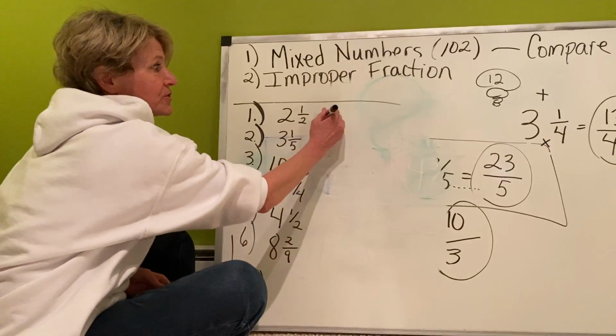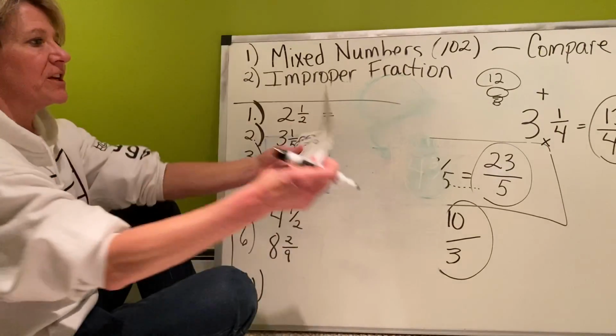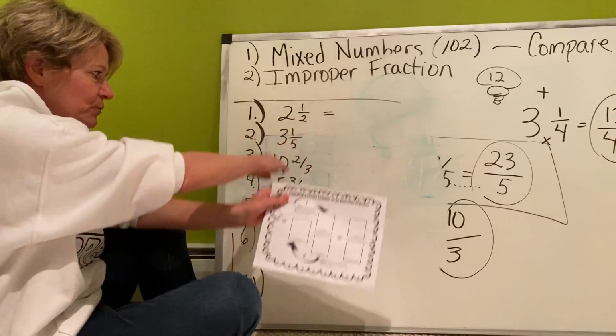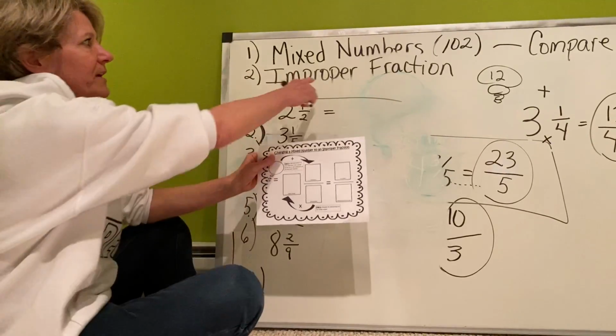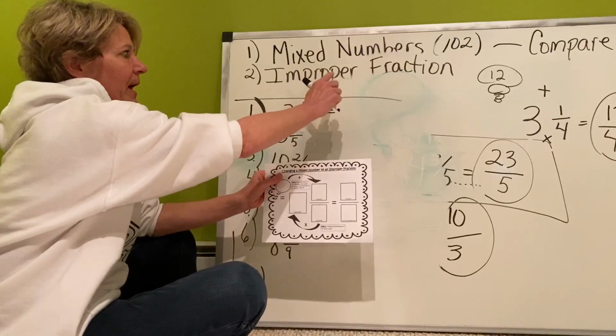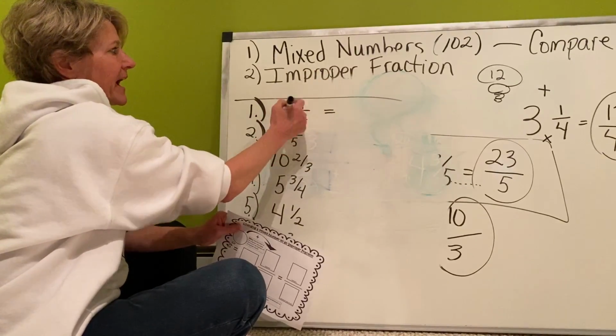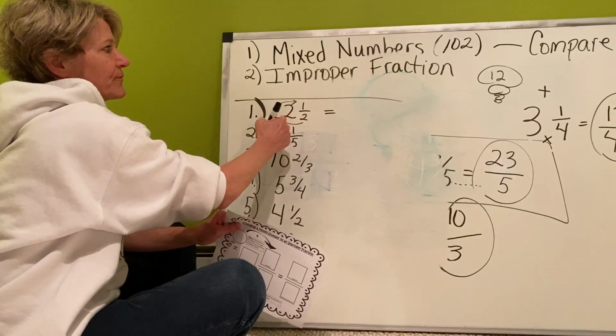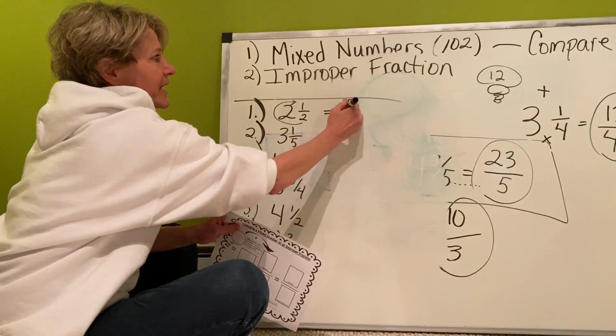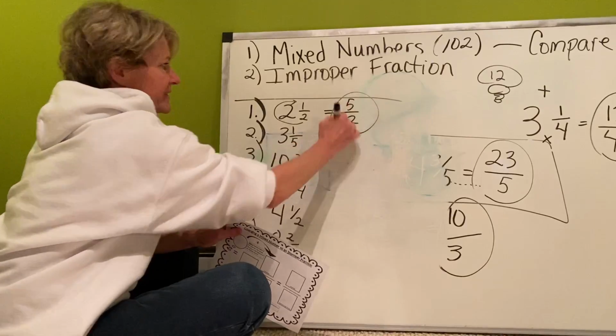Then what I'd like you to do with the help of your worksheet is to turn each one that you made up into one of these weirdos, impropers. Multiply and add. 2 times 2 is 4. 4 plus 1 is 5. Copy the denominator. Done.